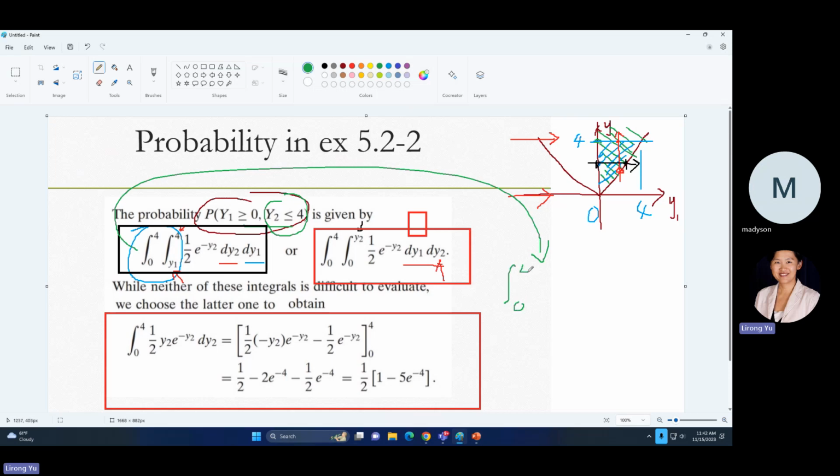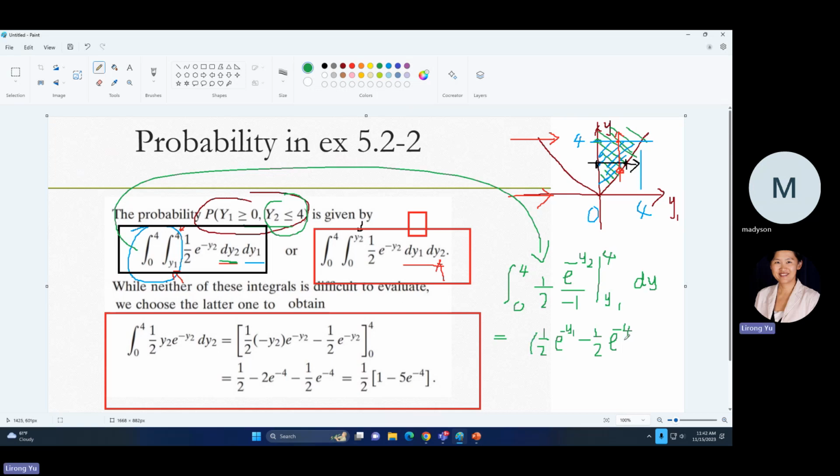So you go 0 to 4, and we're going to integrate this function. The antiderivative is 1/2 e to the negative y2 over -1, because we're integrating dy2, where y2 is the variable. You plug in 4 and plug in y1, and then dy1 is the next step. If you plug in 4 for y2, you have negative 1/2 e to the negative 4. If you plug in y1 minus negative, make it positive, that is 1/2 e to the negative y1.